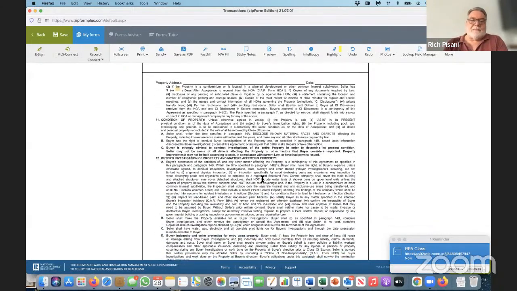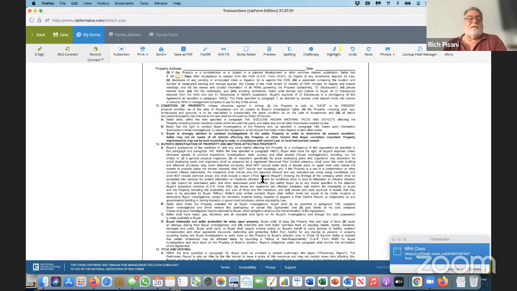Condition of property. I love all these listing agents who put in a counter, property sold as is, but seller will not make any repairs, blah, blah, blah. Well, it's right in the RPA, right here, item number 11. The property is sold as is and in present physical condition. Seller has an obligation to disclose material facts that may affect the property.